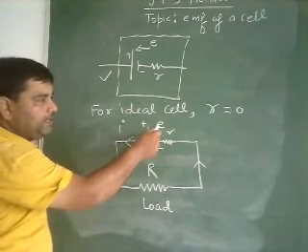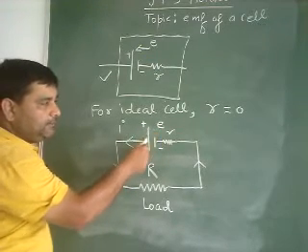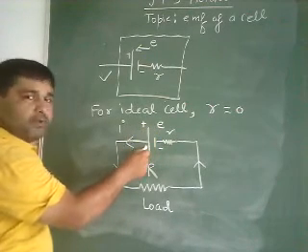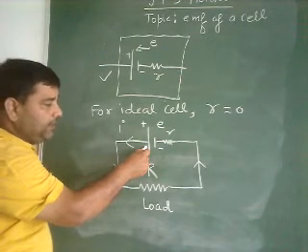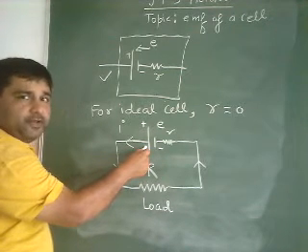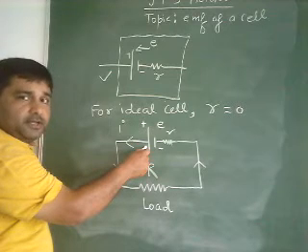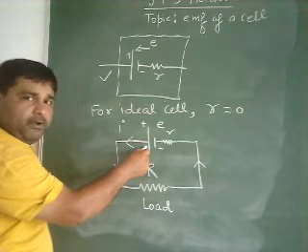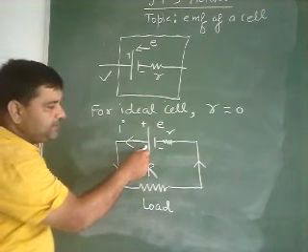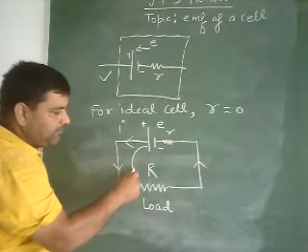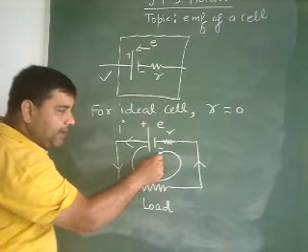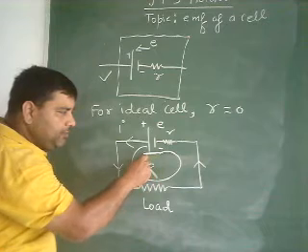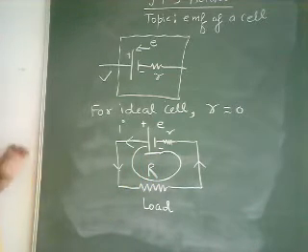Now, what is the EMF? This E basically is the work done in taking 1 coulomb of charge once completely around the circuit. It means current starts from the positive terminal to the negative terminal, and again from negative to positive.